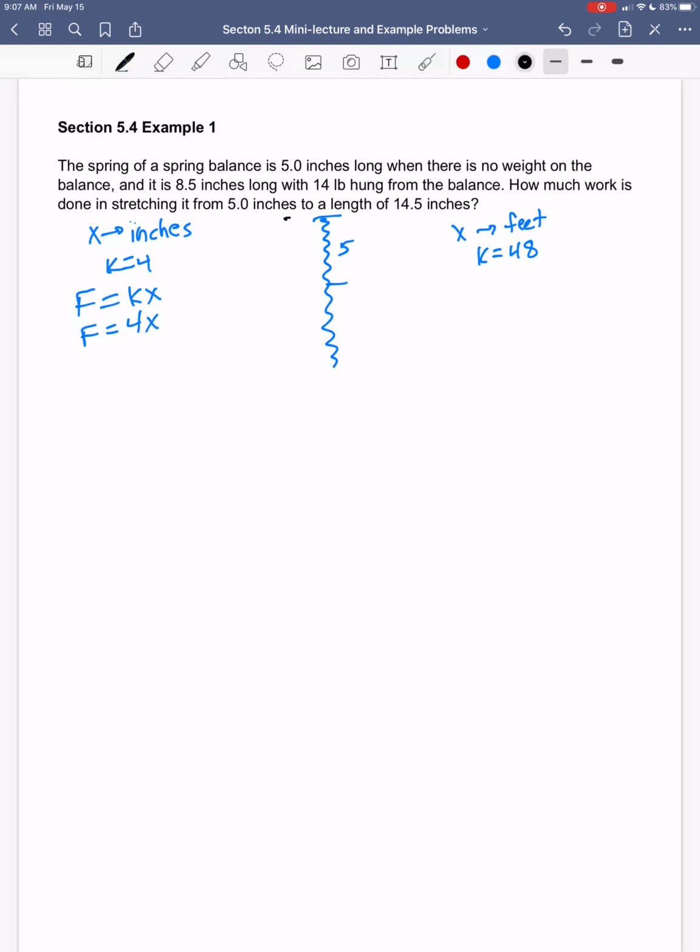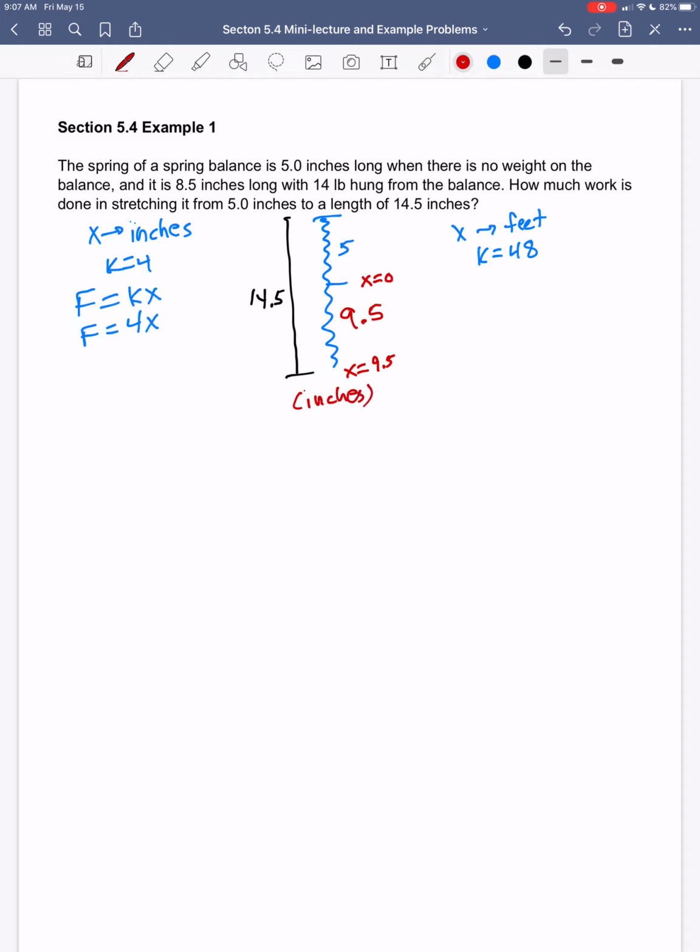So that's 5 inches. We're saying this is being stretched out a total of 14.5 inches. So that, of course, means it's being stretched 9.5 inches. I'm going to start here. X is going to be 0, and I'm going to end up here where x is 9.5. Right? And this, of course, is all inches.